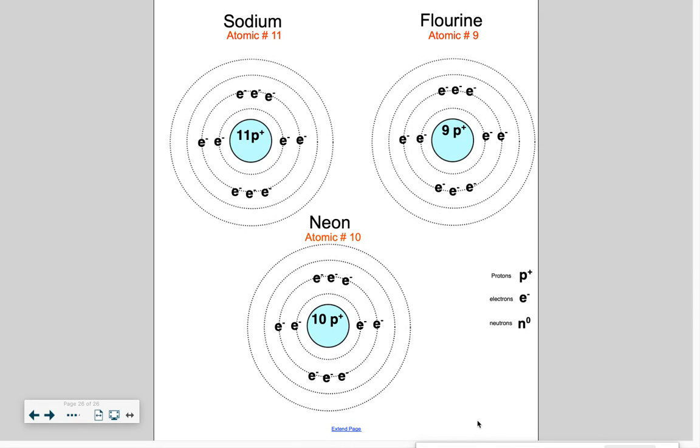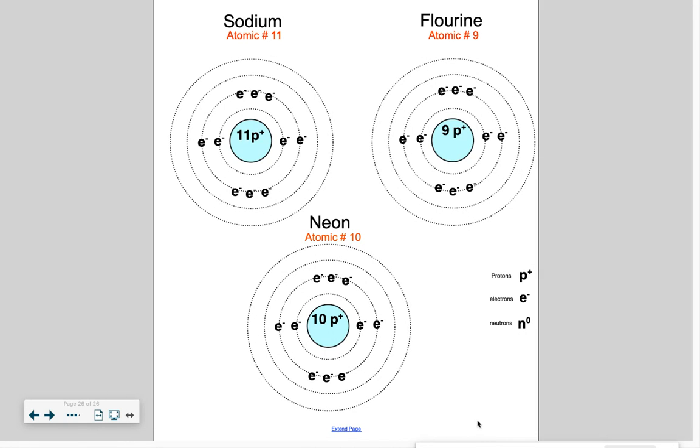That means it's got a +1 charge. The atom took on a +1 charge. That means it is now a positively charged ion, and we actually call positively charged ions cations.